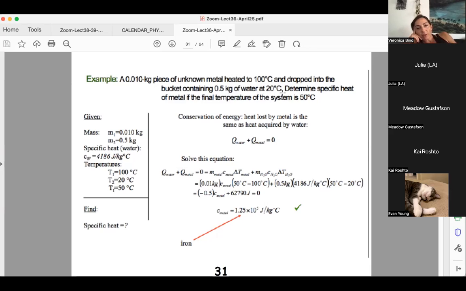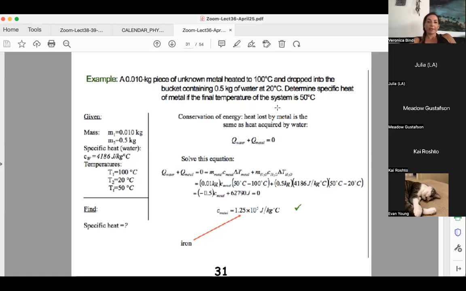Determine the specific heat of the metal if the final temperature of the system is 50 Celsius. So as you see, the final temperature of the system is something in between, because you have the metal that is super hot and you put it into warm water, and what you get is 50 degrees Celsius, which is pretty hot.